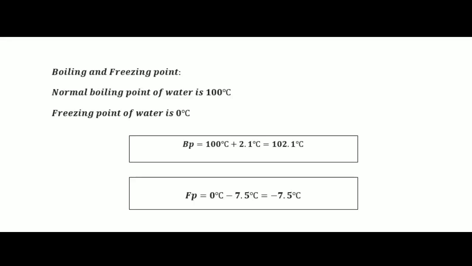For the freezing point, it is 0 degrees Celsius, and add the answer that we get from the freezing point depression, which is negative 7.5 degrees Celsius. We're going to have negative 7.5 degrees Celsius for the freezing point.